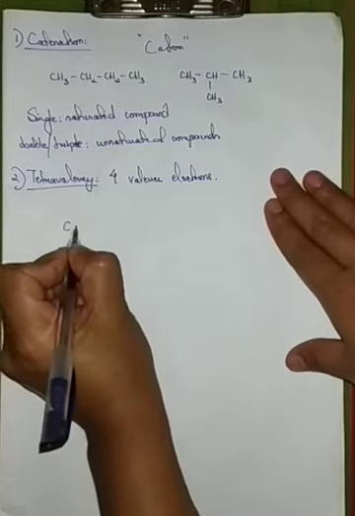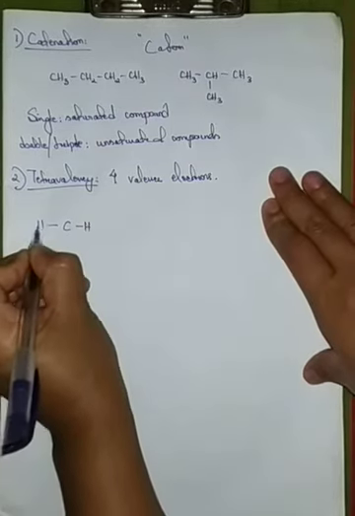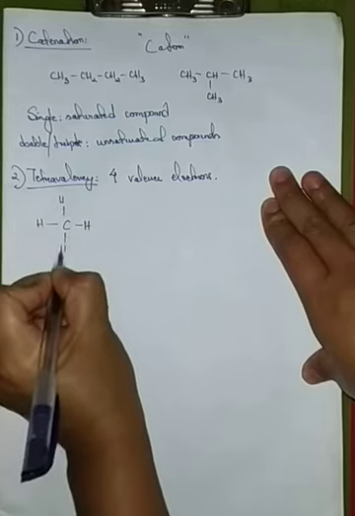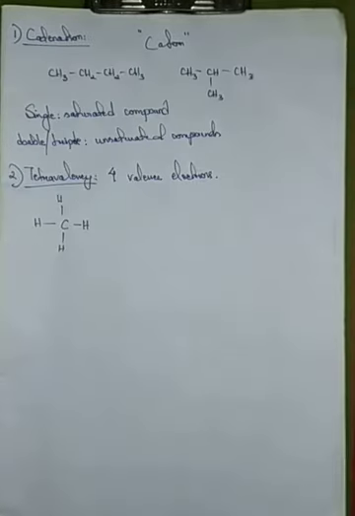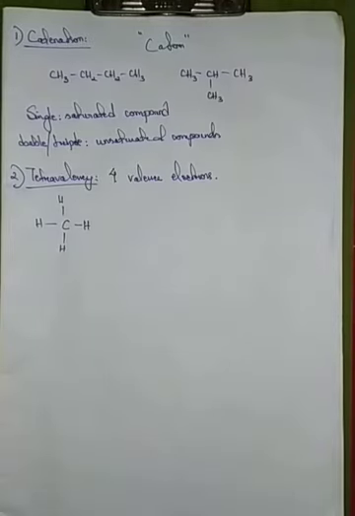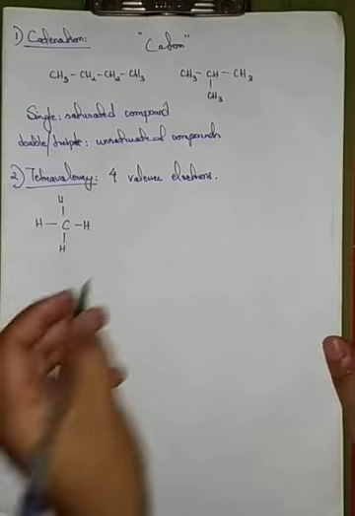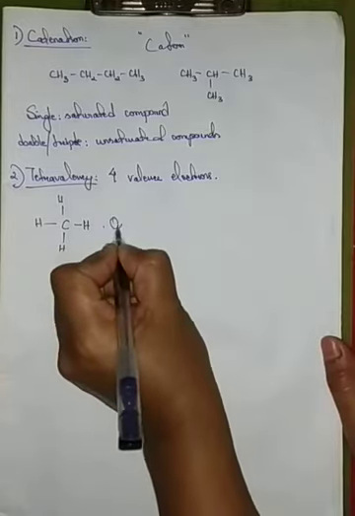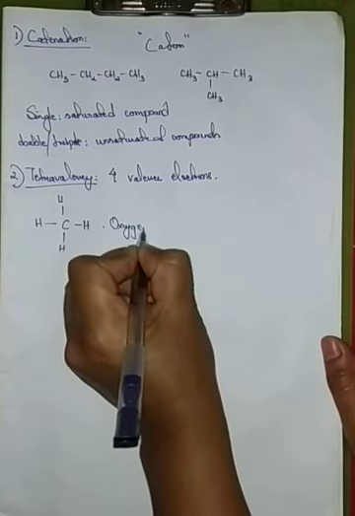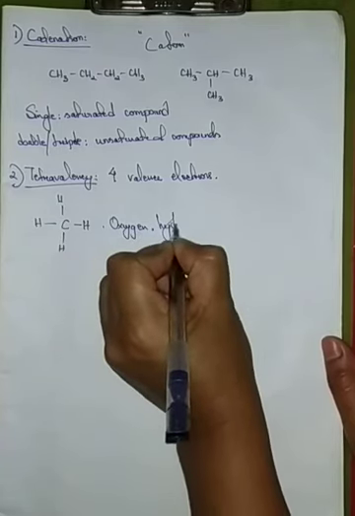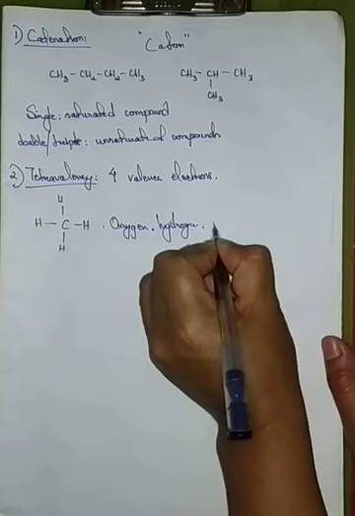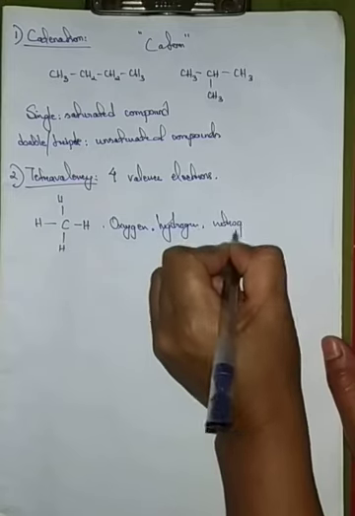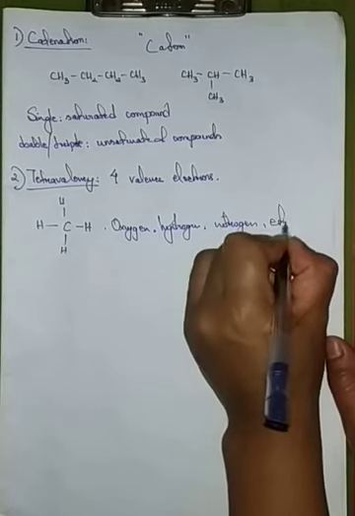We have seen here carbon and hydrogen: it has formed 4 covalent bonds with 4 hydrogen atoms, or it can form bonds with 4 atoms of carbon. Compounds of carbon can be formed with oxygen, hydrogen, and they can even form bonds with nitrogen and many more.